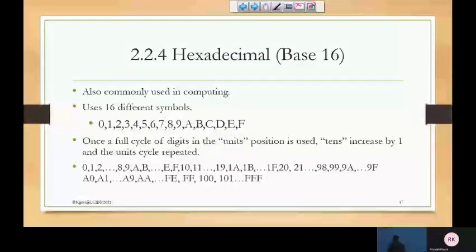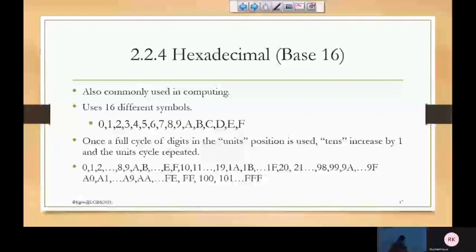Remember, when you count, you go all the way up to the F. So you'll see in the examples given down there, you count 0, 1, 2, 3, 4, 5, 6, 7, 8, 9. After 9, we don't go to 10, we just continue. A, B, C, D, E, F, and then F is the largest possible value.